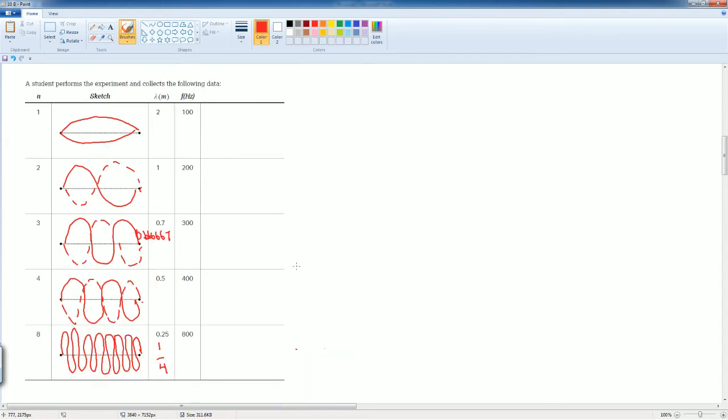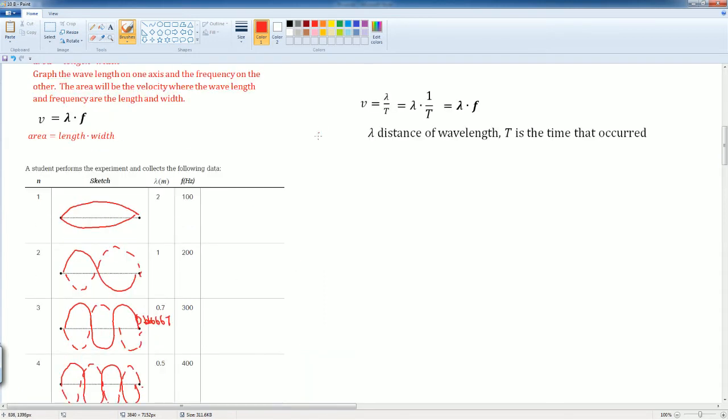All right. So if you want to know the velocity, all you do is you do lambda times frequency. So V is equal to 2 times 100 equals 200, and this is meters per second. Velocity equals 1 times 200 gets you 200 meters per second.